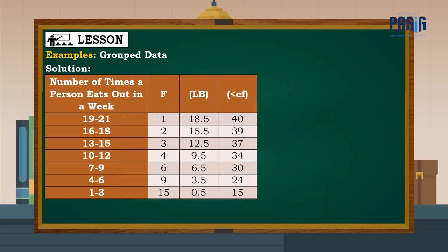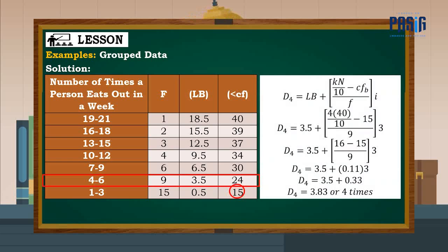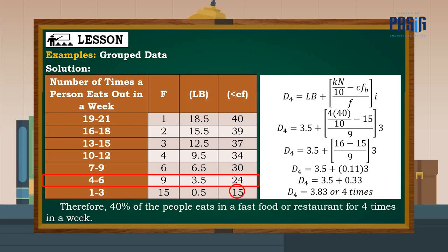Let us use the table of values below. Using the formula in deciles of grouped data, we obtained 3.83 or 4 as the fourth decile. Therefore, 40% of the people eat in a fast food or restaurant 4 times in a week.